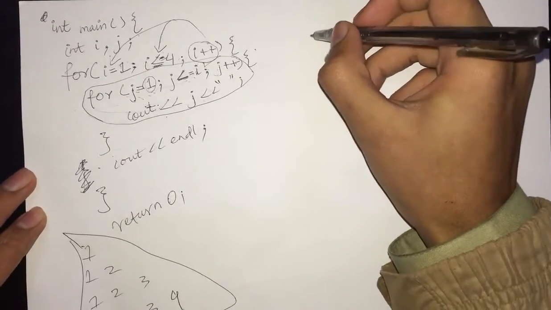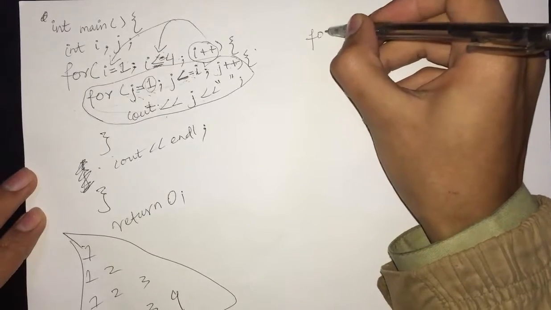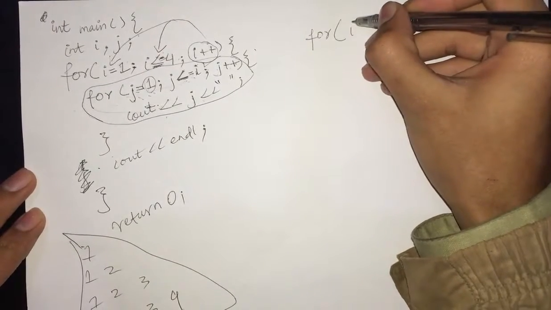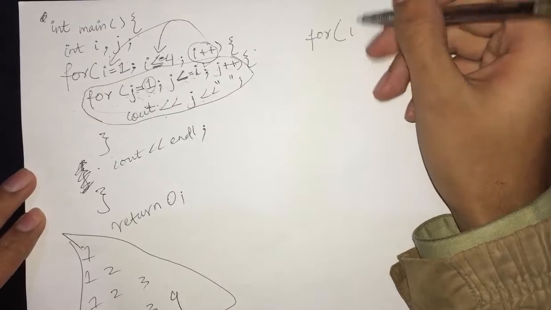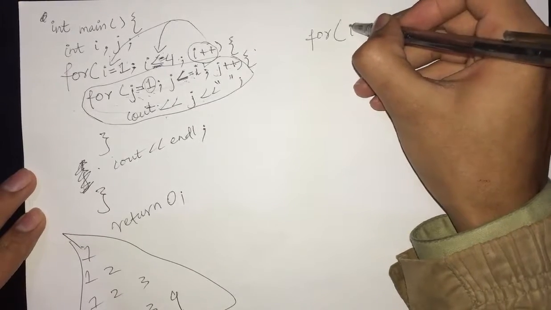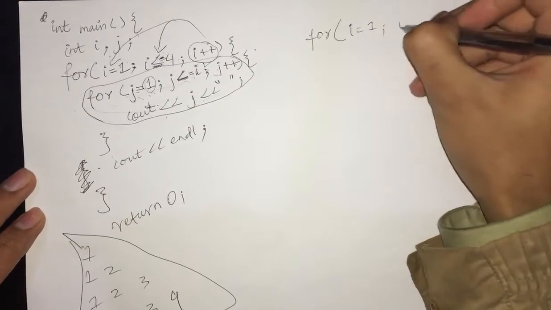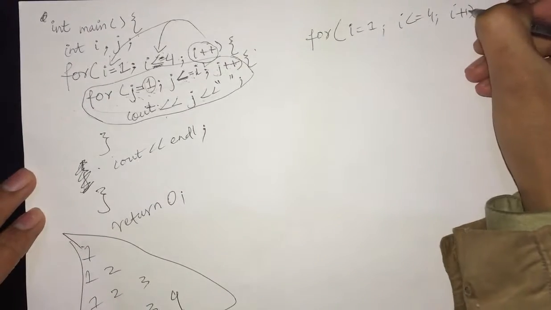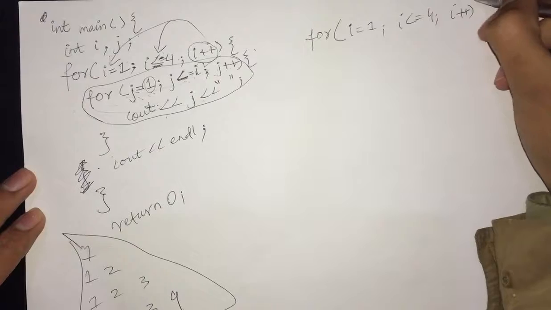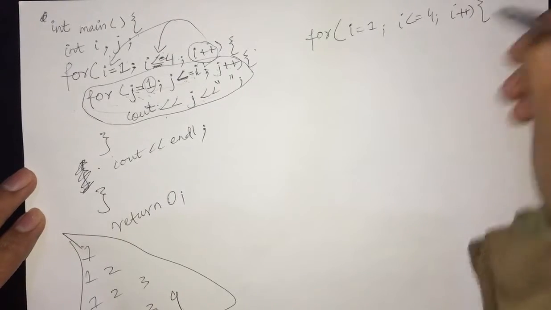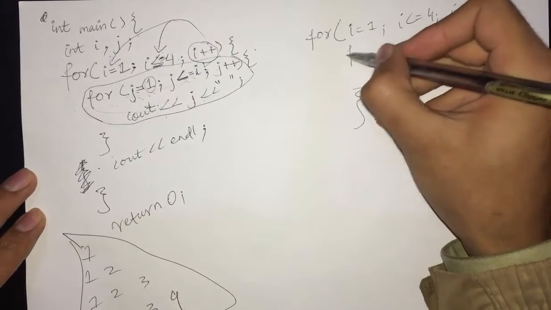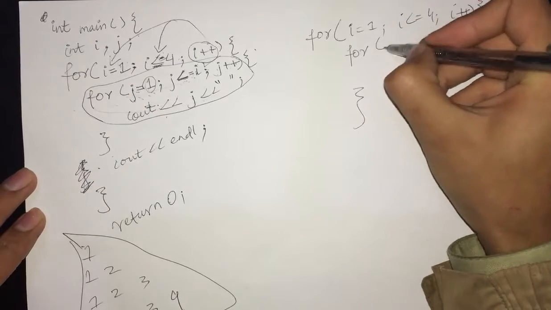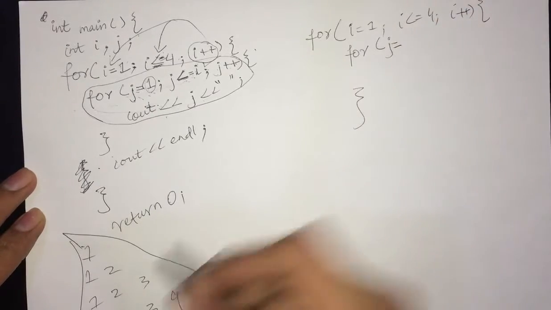Alright, now let's see how to do the opposite. We actually do the same with i equals 1, i less than or equal to 4, i plus plus. We do the same, but here with j we start from j equals 4, because we are doing the opposite.